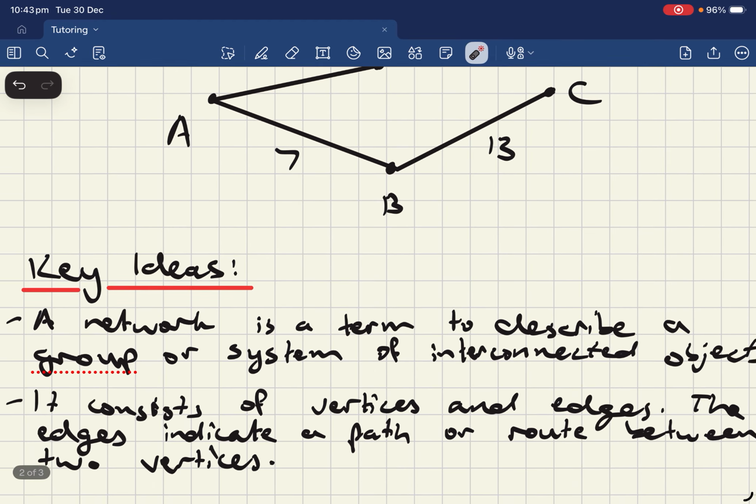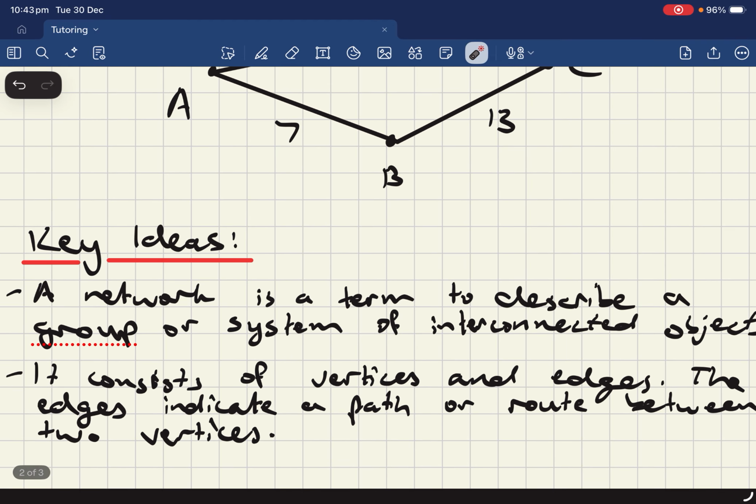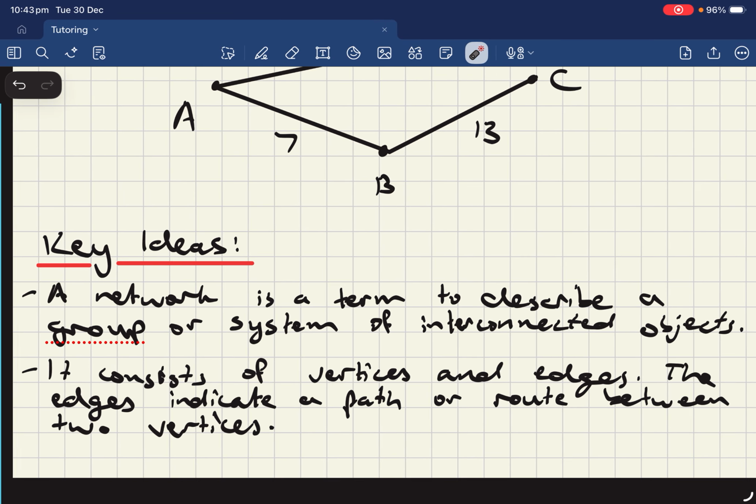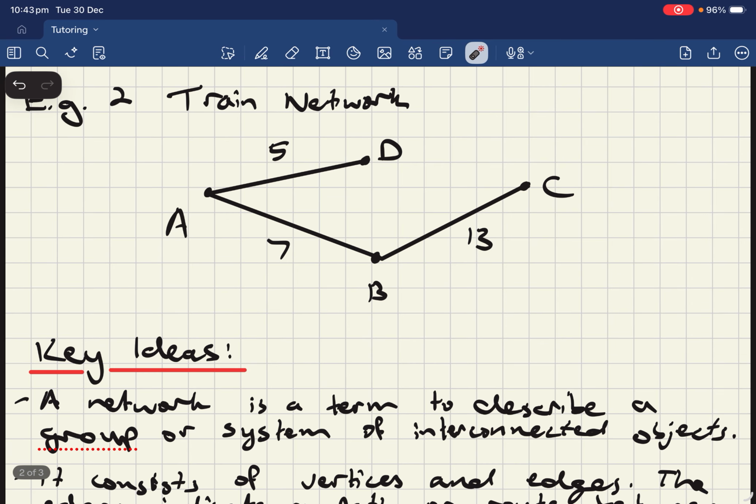Now, to summarize what we've talked about, I've got a couple of key ideas here which formally define a network. A network is a term to describe a group or system of interconnected objects. That's basically what we have up here. We have a group of objects, A, B, C, D, and they are all interconnected in some way.